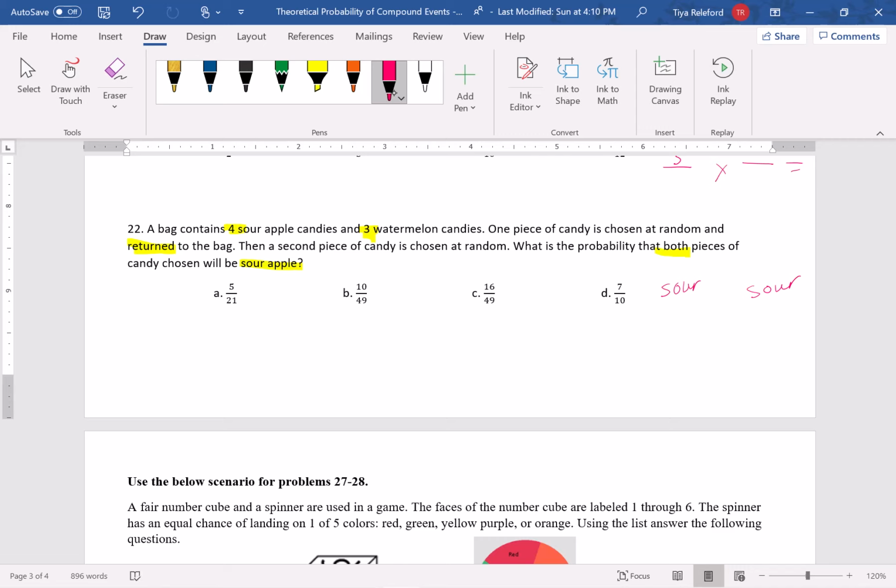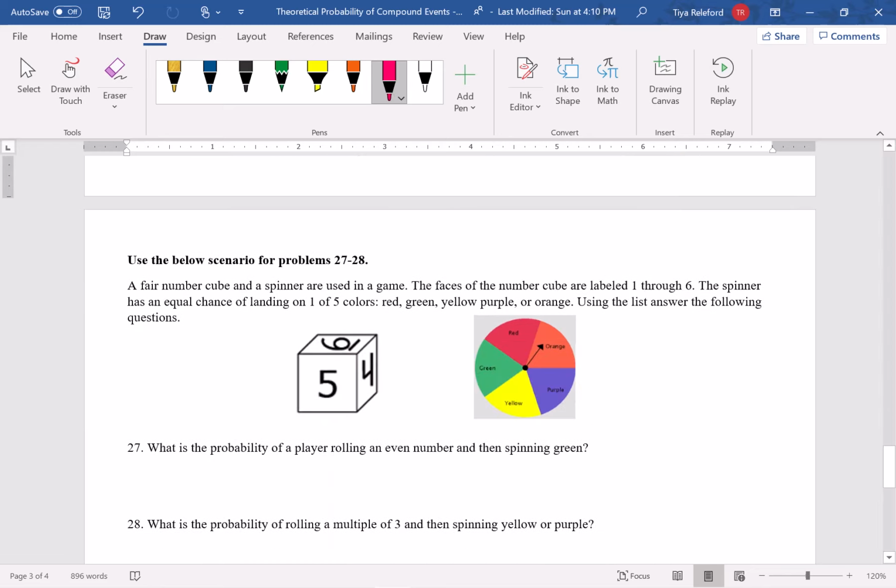What's the probability I get sour apple the first time? 4 out of 7. Do I put it back in the bag? Yep. So what's the probability I get sour apple the second time? 4 out of 7. Multiply and simplify.